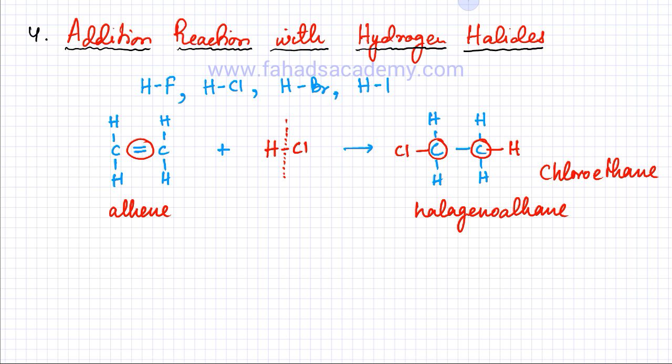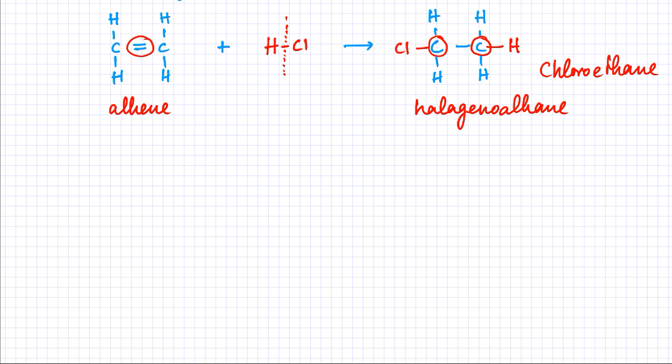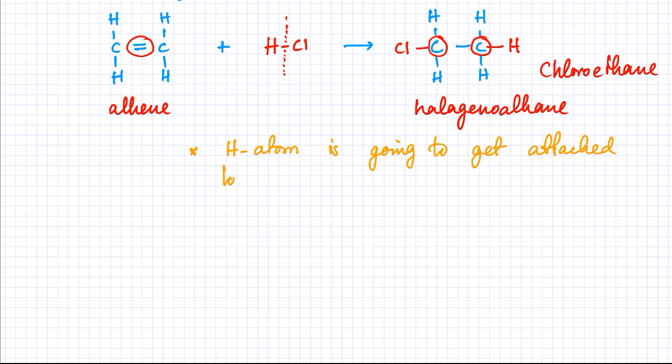So it's a similar type of reaction, and in this type of reaction, the same rule applies which we discussed earlier: the hydrogen atom is going to get attached to the carbon atom which has more hydrogen atoms.